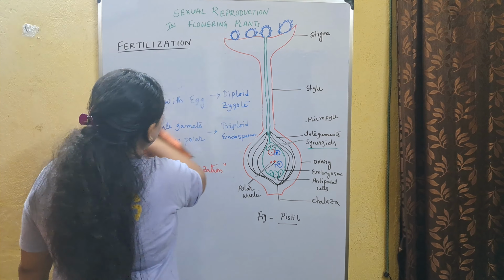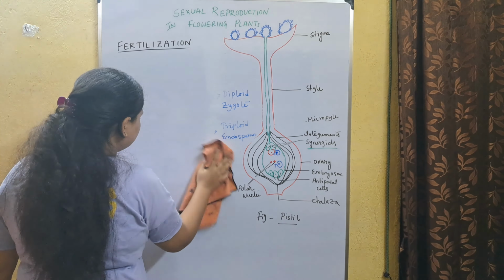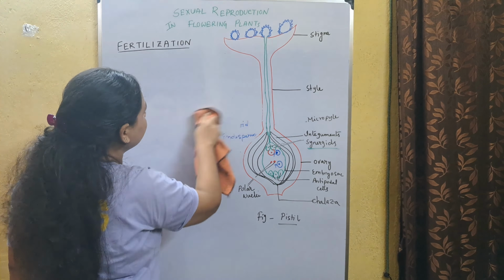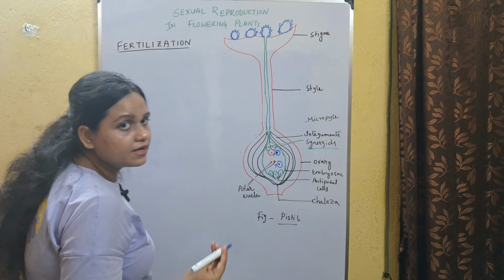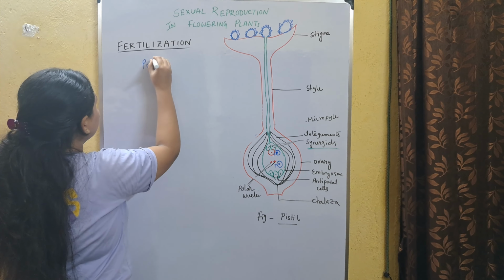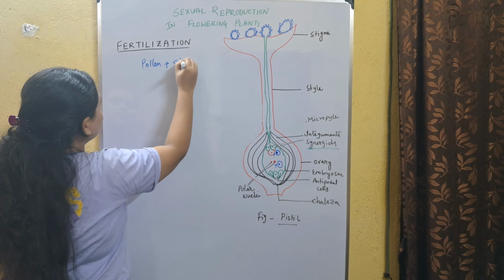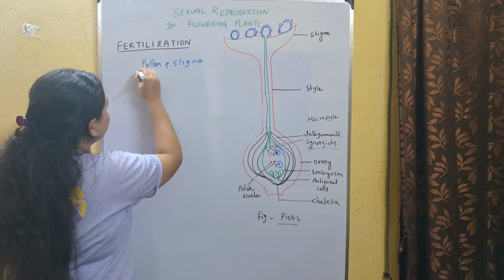Let's have a quick flow chart or quick revision about the fertilization process in angiosperms. What is happening? The pollen grain and stigma are coming in contact.